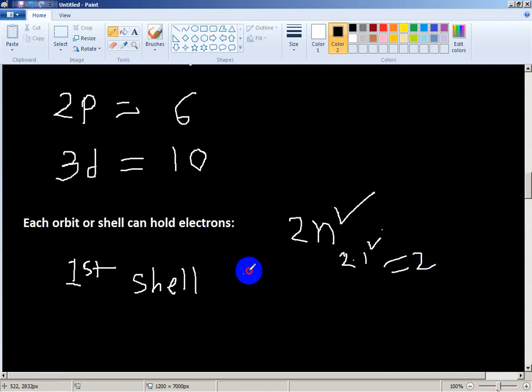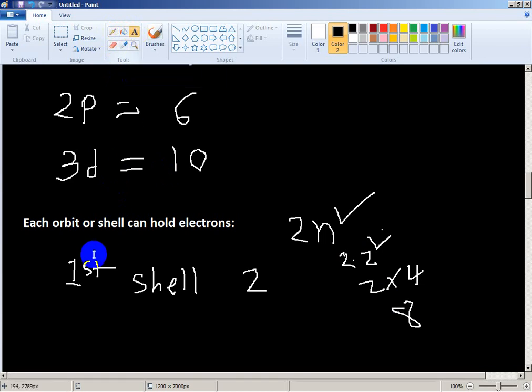The first shell can hold 2 electrons. Now the second shell, n equal to 2: 2 into 2 square, that means 2 into 4, which is 8 electrons. So the second shell can hold 8 electrons.